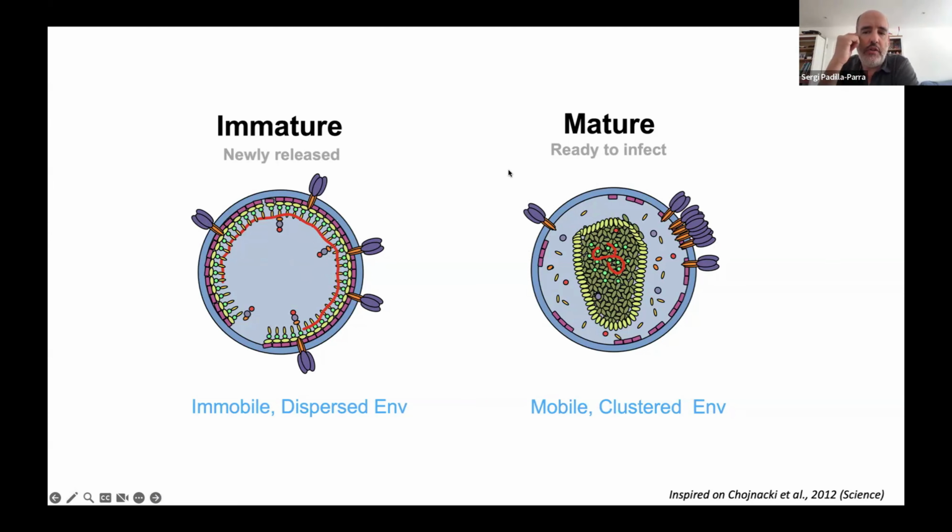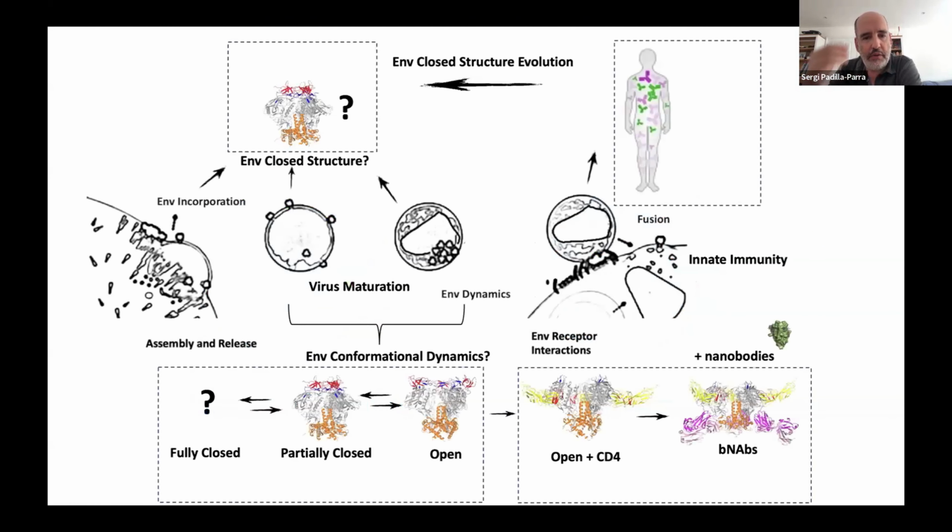And this was shown by Krausslich in 2012 with STED microscopy, that the sort of clustering of the envelope glycoprotein is more likely to happen in mature particles. So there is an interrelationship between the process of maturation and the dynamics of the envelope glycoprotein.